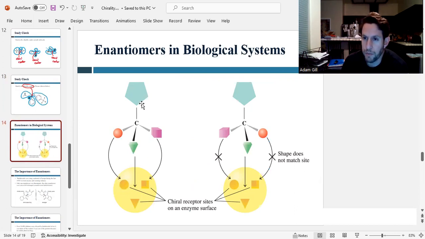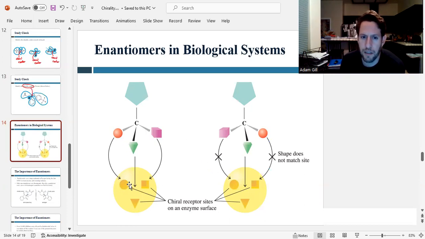And molecules, particularly pharmaceutical drugs, need to fit that receptor, kind of like a lock and key, right? Every lock has a unique key that fits in it, right? The inside of the lock has a certain shape that fits a certain shaped key. It's the same thing with your body. Your different receptors have a unique shape, and the molecule has to match that.